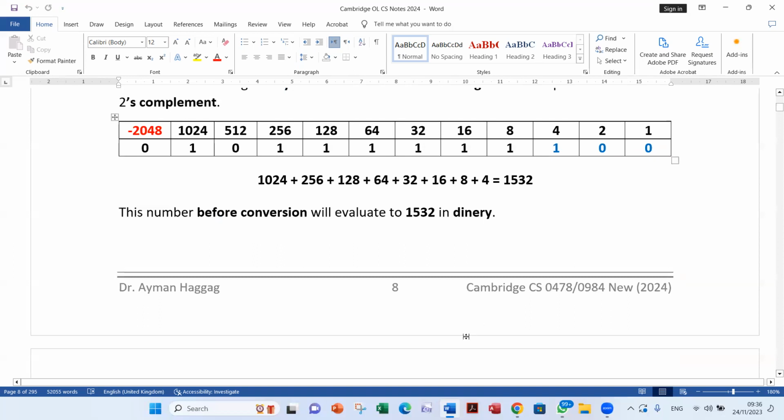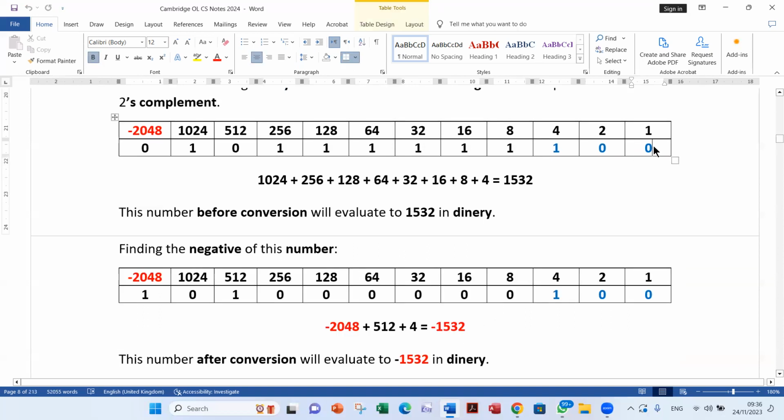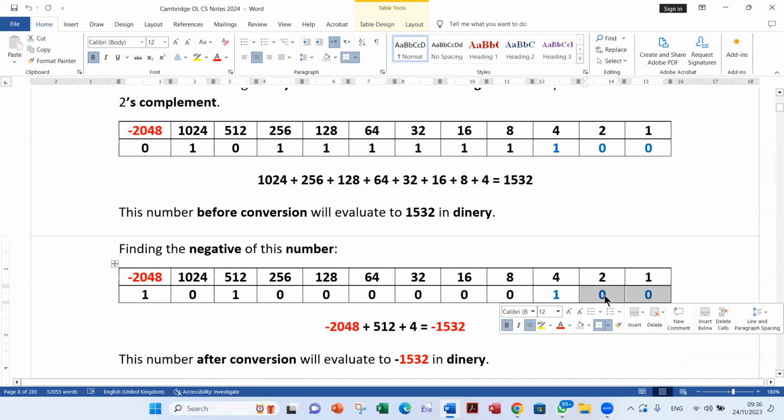Starting from the right, if you find zeros, copy them the way they are to the new number. So you start from the right and copy all the zeros you find the way they are until you find the first one, and then copy it also the way it is.